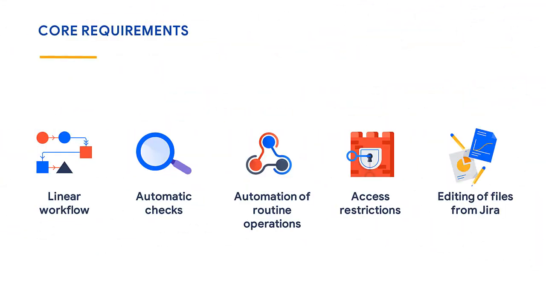Our company has been actively using Atlassian products such as Jira and Confluence for several years, so they decided not to look for some other solution and to use these Atlassian applications for implementation of their use case.